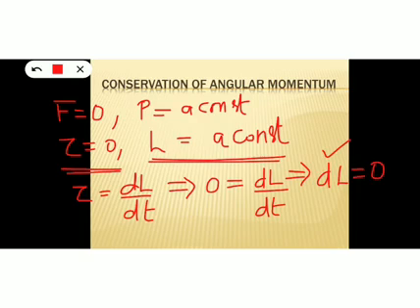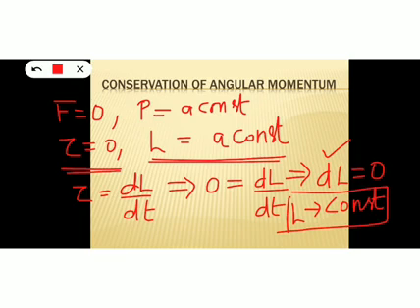Change in angular momentum is equal to 0, which means there is no change in angular momentum. That is, angular momentum L is a constant. So this is the law of conservation of angular momentum. If L is constant, we had studied that L is equal to I omega. So in the absence of external torque, this I omega is also a constant.